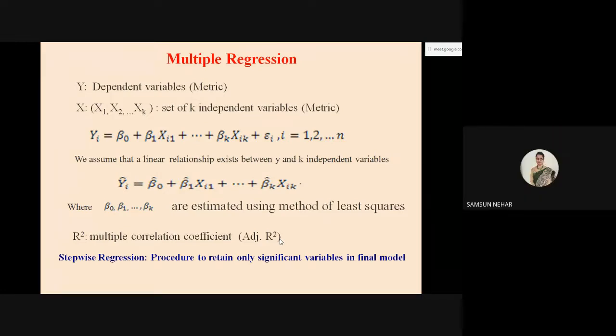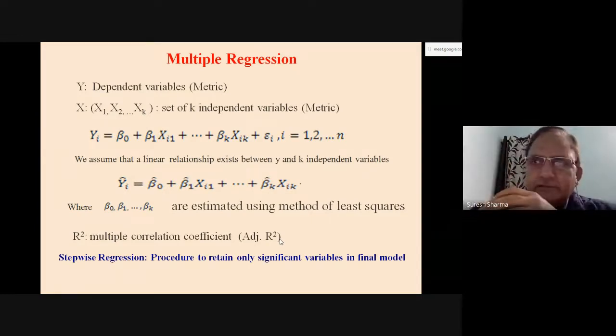Sir, in multiple regression, we cannot use categorical data? Like if we say educational qualification, if primary is equal to 1, secondary is equal to 2, that is not allowed in multiple regression. In multiple regression, the biggest condition is that all variables have to be metric variables.